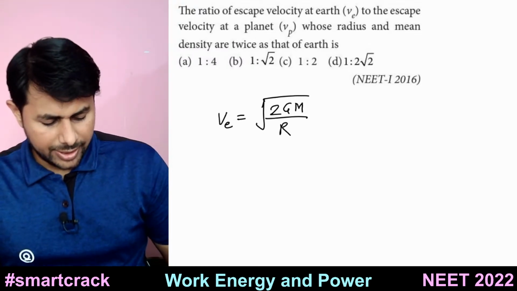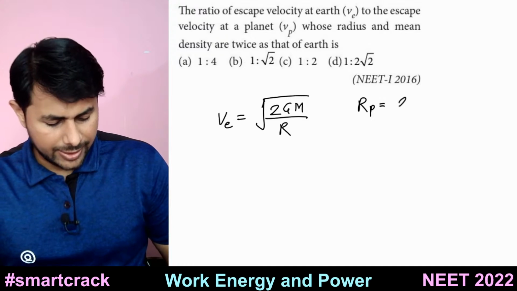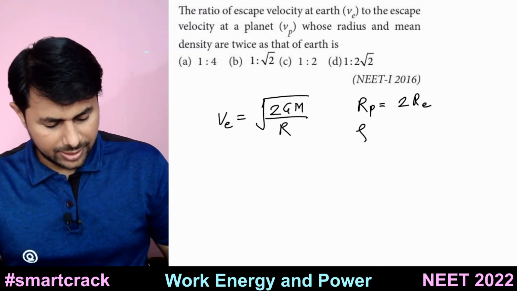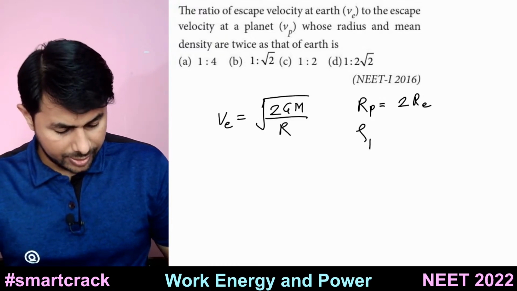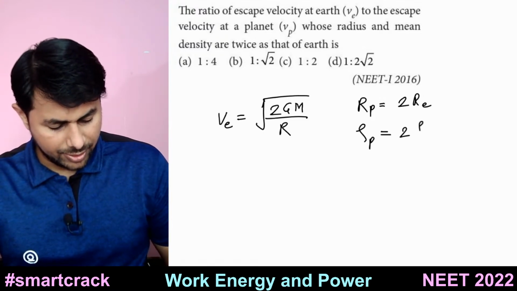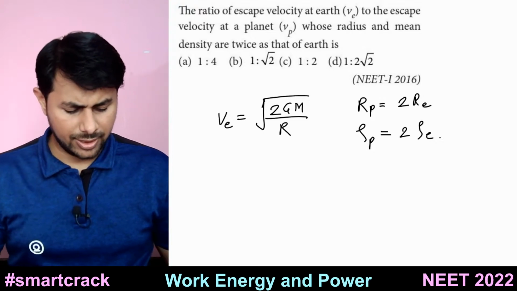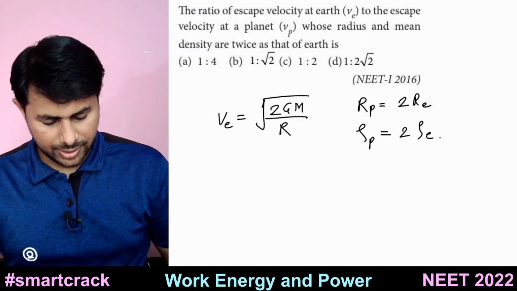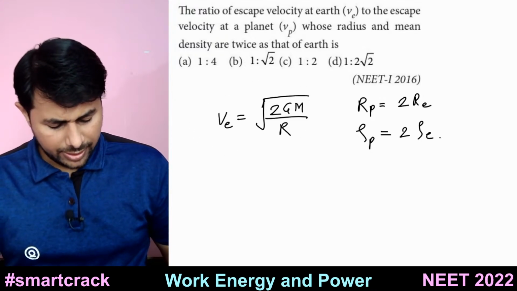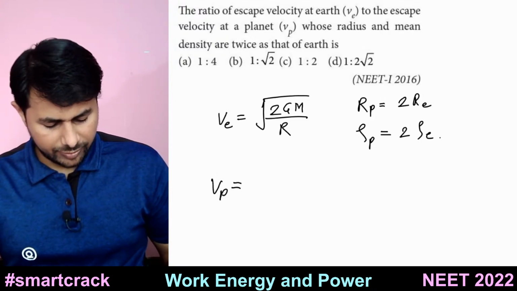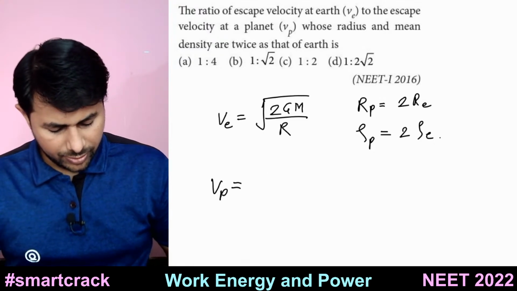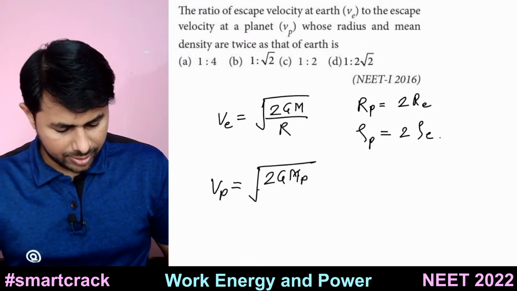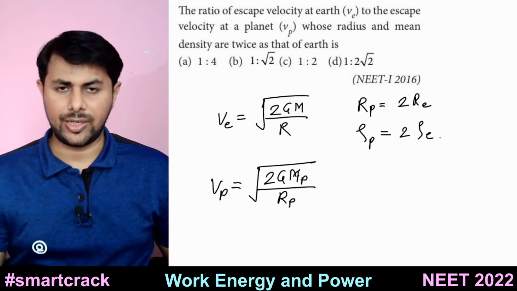Okay, so radius of the planet equals twice the radius of Earth, and also the mean density of the planet is equal to twice the density of Earth. Okay, this is given. So escape velocity on Earth is given by this formula. Escape velocity for the planet will be equal to what? Square root of 2 times G into mass of planet divided by radius of planet.